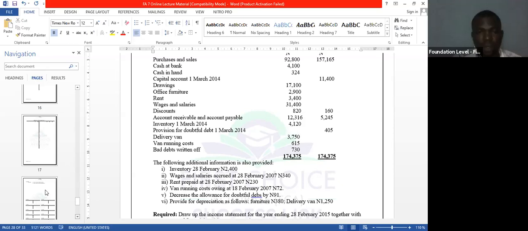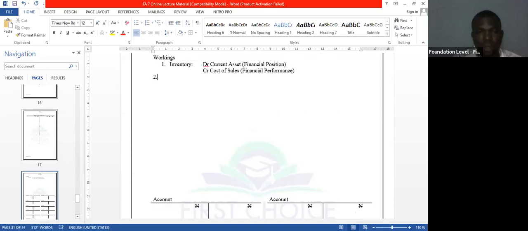So I'm working on wages and salary. The amount given to me in my trial balance is 1,100, so I need to increase it. What I've paid is one thing, but there is the one that I've not paid. How do I get the amount of salary that I expect?